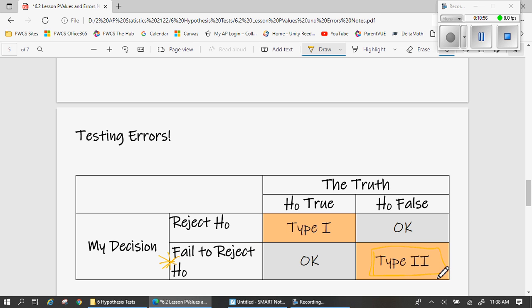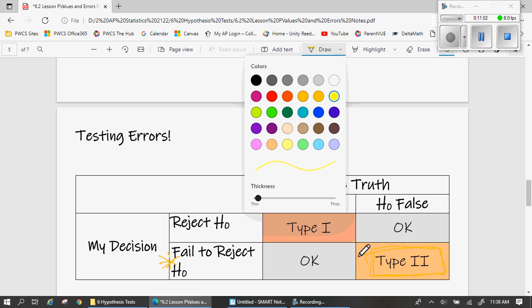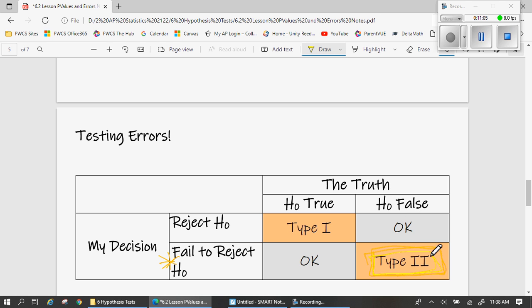A type 2 error occurs when you fail to reject a null hypothesis that in reality is false. When you reject a null hypothesis, if your actual null hypothesis was false, then rejecting it was a good thing. So you'd be okay. No mistakes made. But if you reject a null hypothesis, and in reality that null hypothesis was the true proportion, then you would have made a type 1 error.